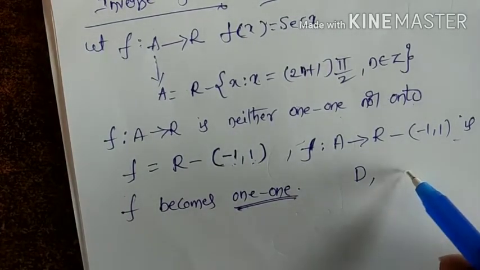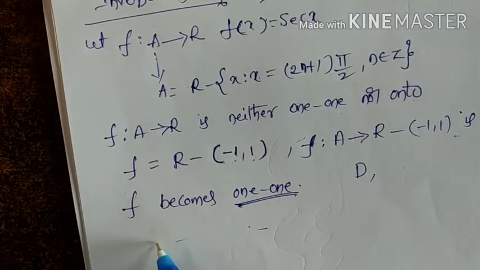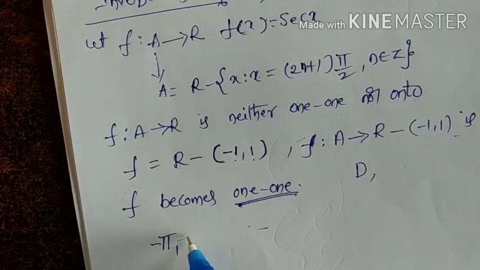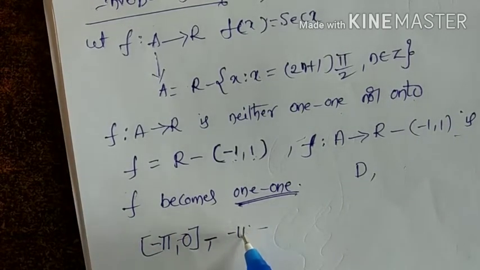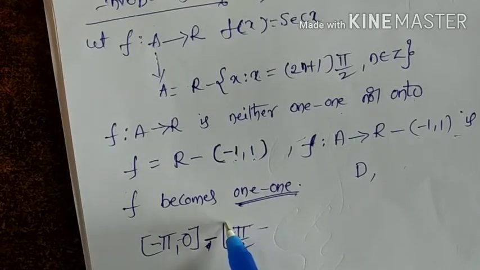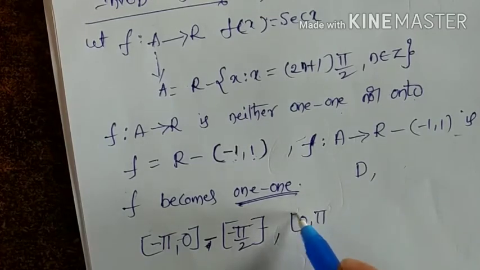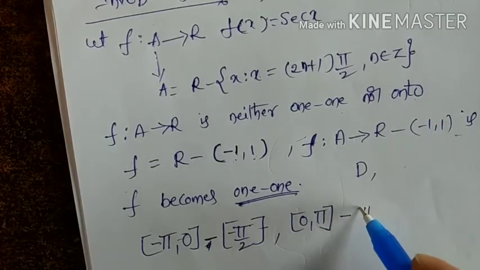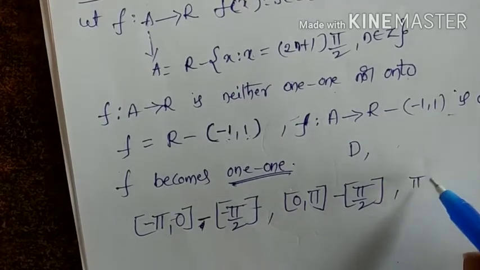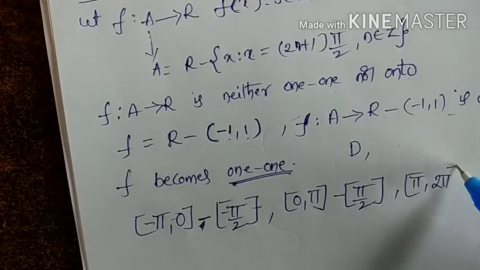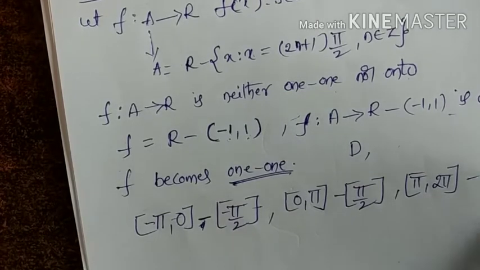So D can be any one of the following intervals: minus pi to 0 minus pi by 2, another 0 to pi minus pi by 2, another pi to 2 pi minus 3 pi by 2, and so on.